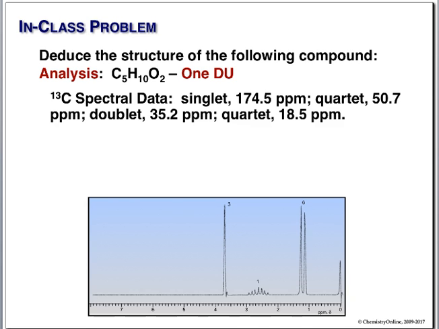If we look at our C13 data, is this a ketone or an aldehyde? No, it's not. Why do we know that? It's 174, not 200. So this is an acyl. Because we have 2 oxygens, my bet is it's going to be an ester.